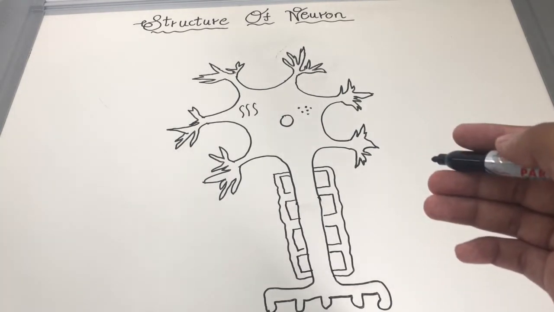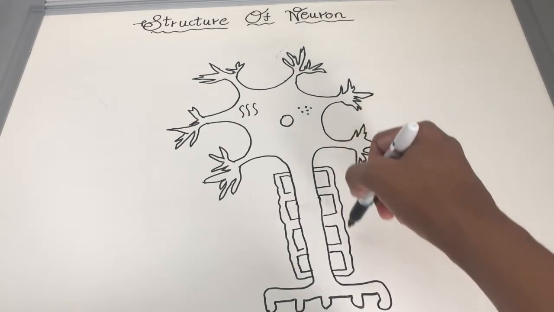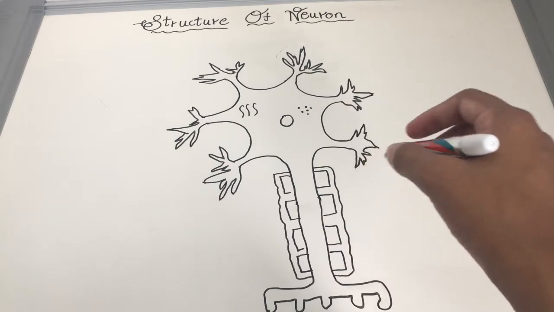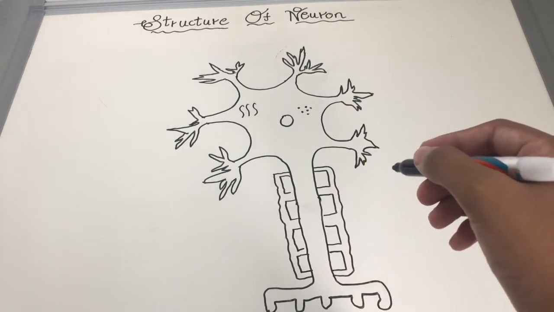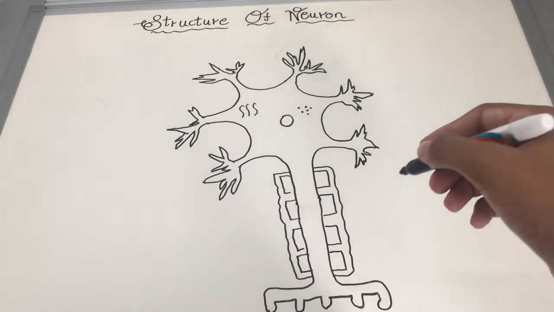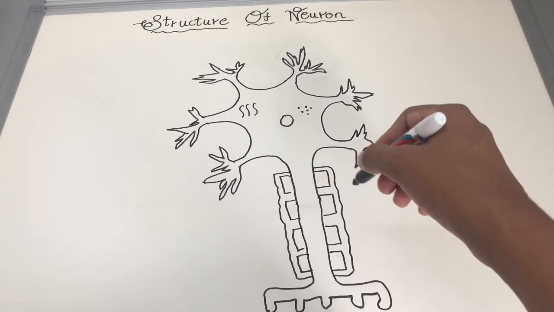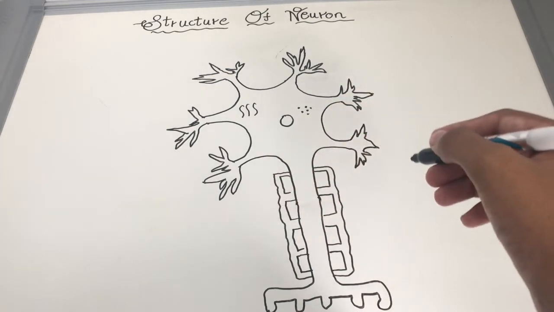These are a type of neuroglial cells. The Schwann cells will produce this layer, which is a neurolemma, and thus it will be present in the peripheral nervous system only. Your central nervous system is your brain and your spinal cord, and the peripheral nervous system is the rest of the nervous system. Thus this layer which I am drawing will be present only in the peripheral nervous system.